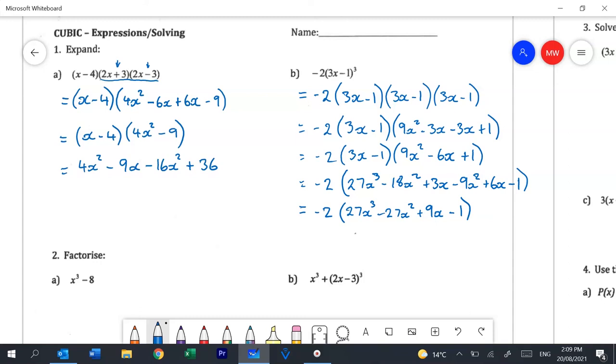And now we've just got to go through and times everything by negative 2. So we've got minus 54, funny looking, x cubed. And then we've got plus 54x squared. And then we've got negative 18x. And we've got positive 2. And then that one's fully expanded.